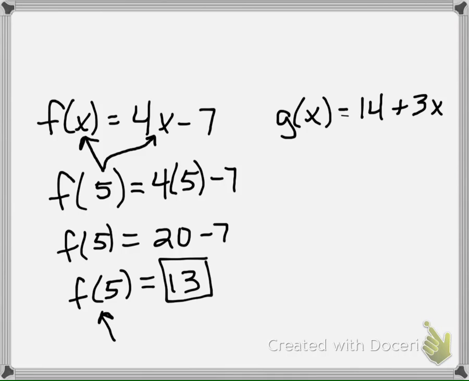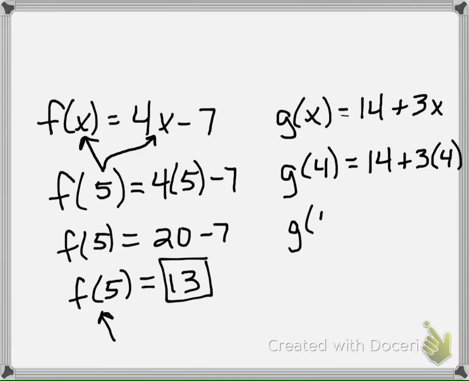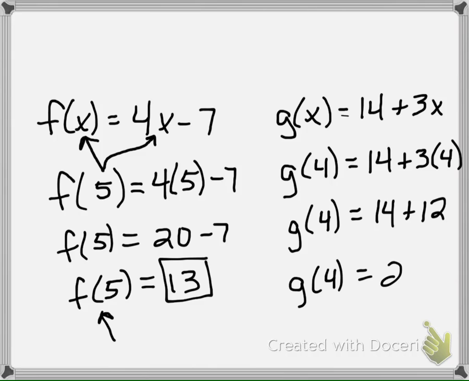And we're going to find g of 4. So that means I need to plug in a 4 where the x is, so 14 plus 3 times 4. That means g of 4 equals 14 plus 12. So I know that g of 4 equals 26.